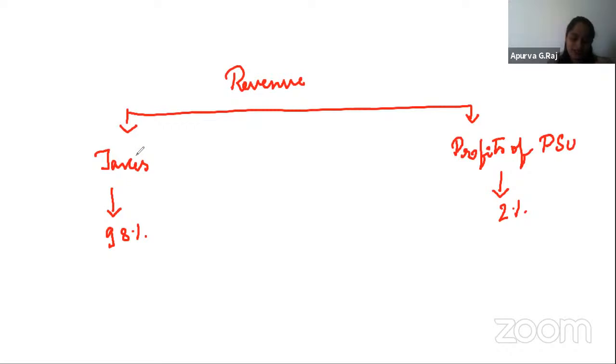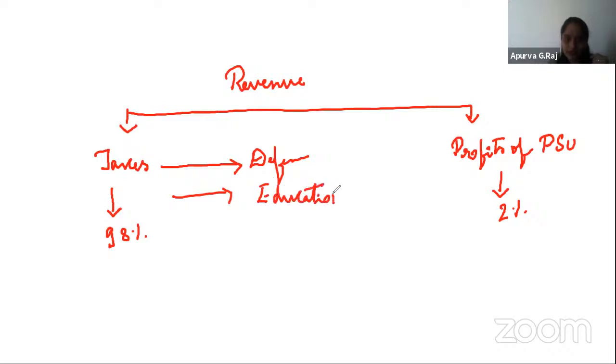So what is the use of these taxes? For what purpose is the government going to utilize these taxes? These taxes are utilized for the purpose of defense, for providing education, for providing free healthcare, and for infrastructure facilities.